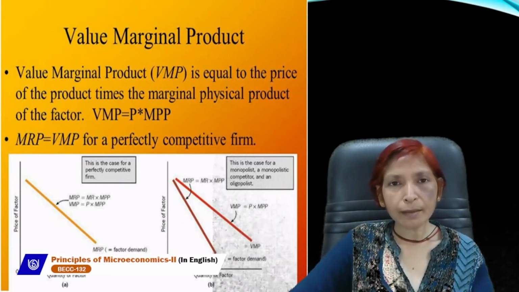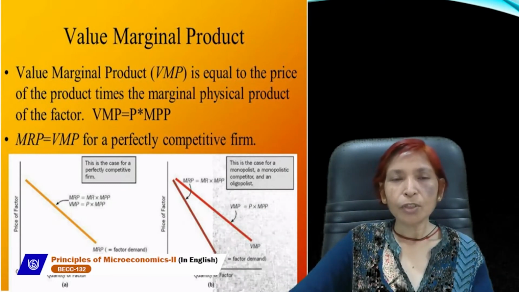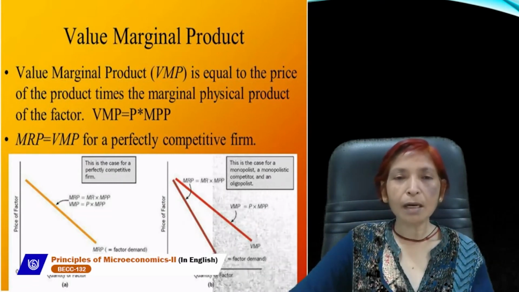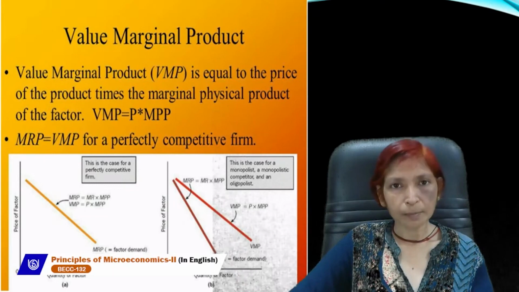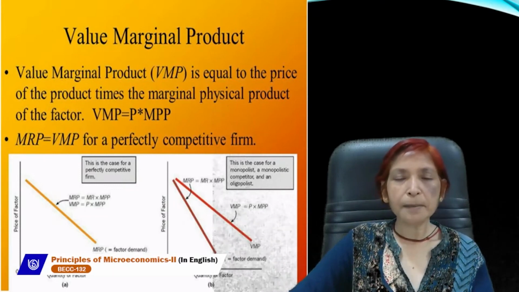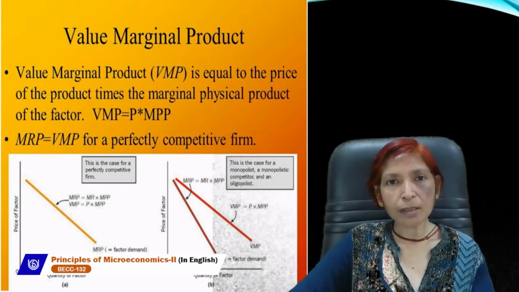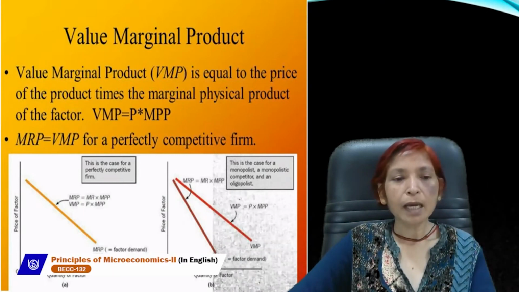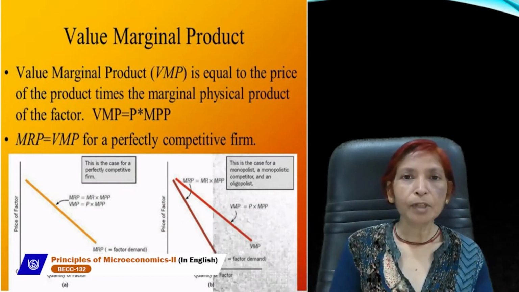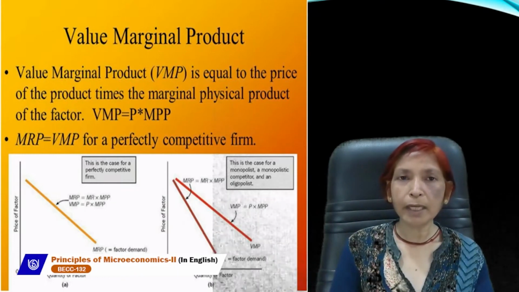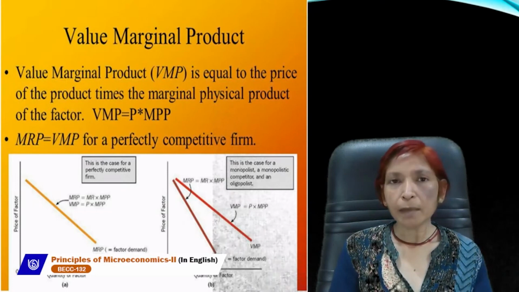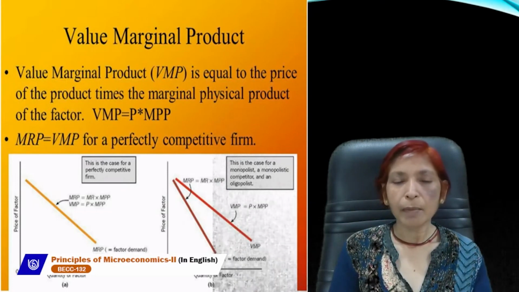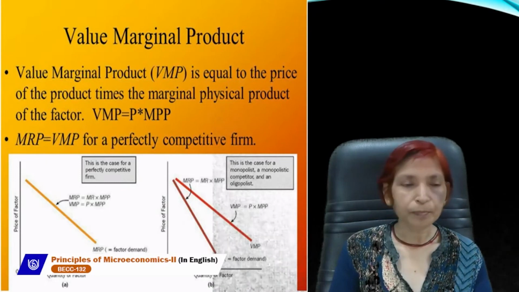MRP can be calculated using the formula TRPn minus TRPn-1. And the second formula is that if marginal physical product is multiplied by MR, then we get MRP. So MRP can be calculated by multiplying MPP into MR, where MR is marginal revenue.